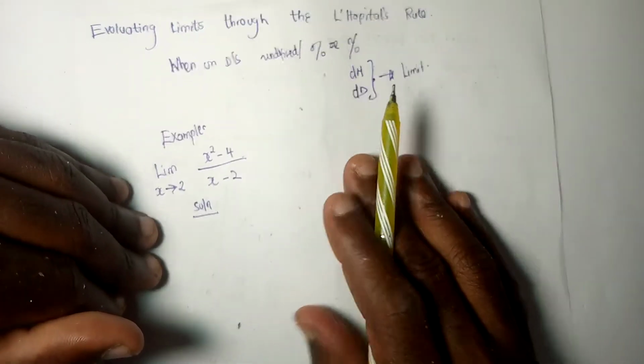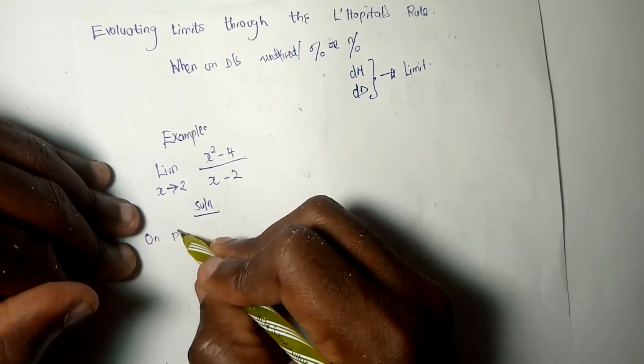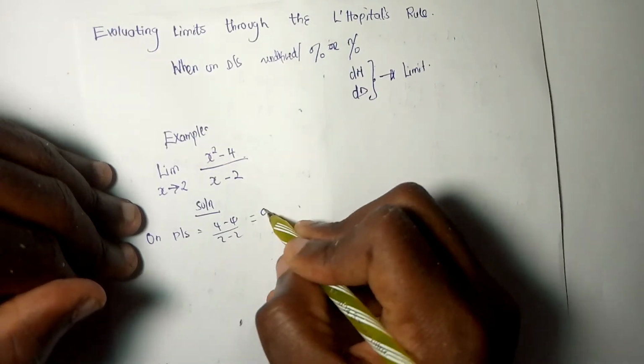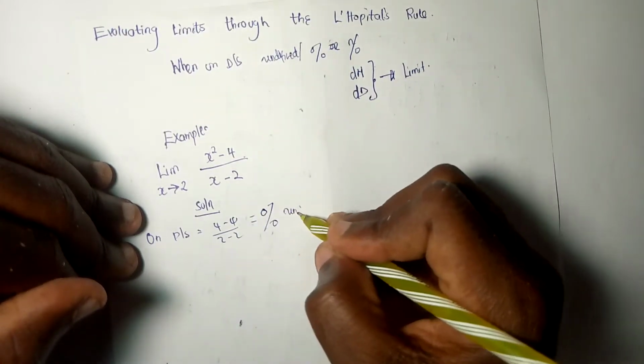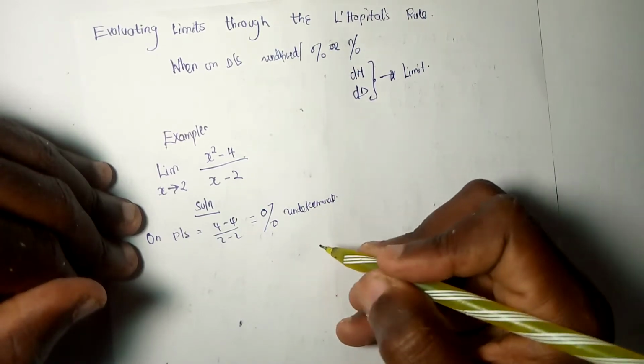So, solution. On direct substitution, what do we get? We get 4 minus 4 over 2 minus 2, which is 0 over 0, which is indeterminate, or undefined.